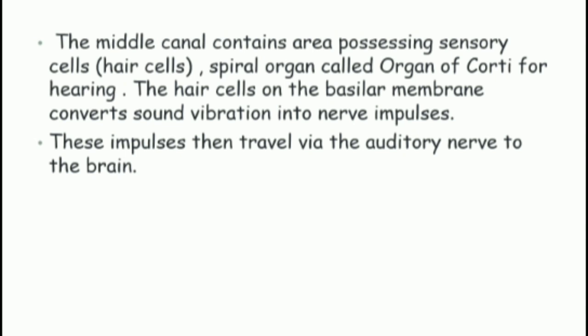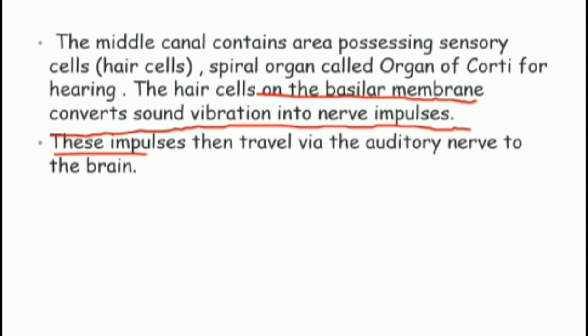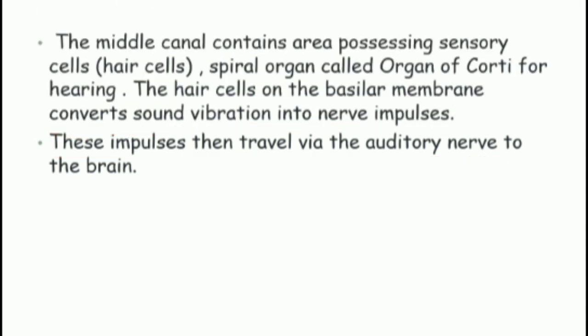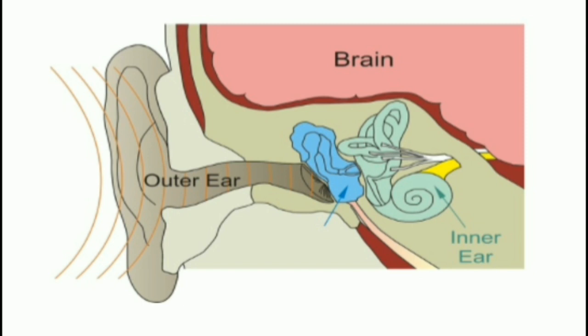So just see, the hair cells on the basilar membrane convert sound vibration into nerve impulses. These impulses then travel via the auditory nerve to the brain, and then we can hear. And this all happens within a few milliseconds.